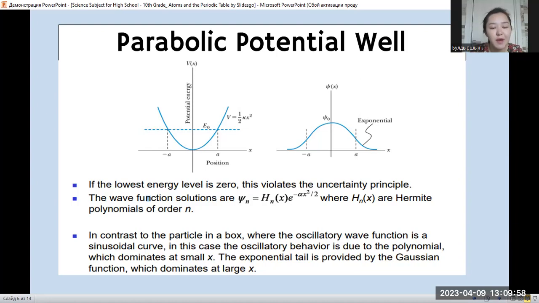In contrast to the particle in a box, where the wave function is a sinusoidal curve, here the oscillatory behavior is due to the polynomial, which dominates at small x, and the exponential tails are provided by the Gaussian function, which dominates at large x. In the picture, we see the potential energy V of x, with E0 and the turning positions plus and minus A.